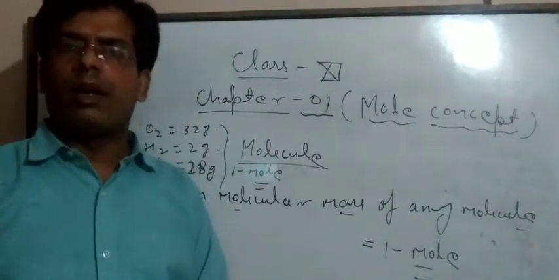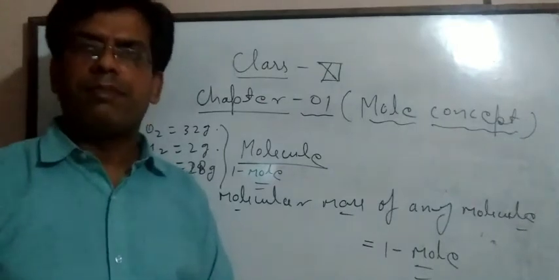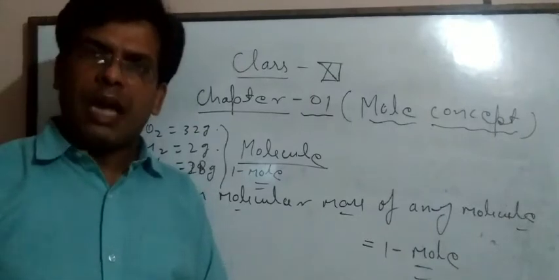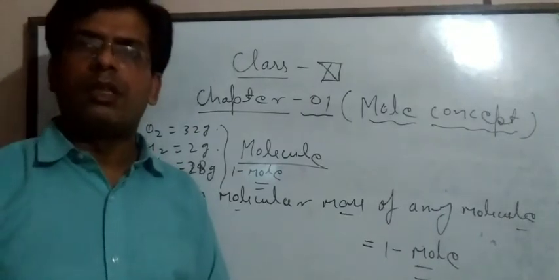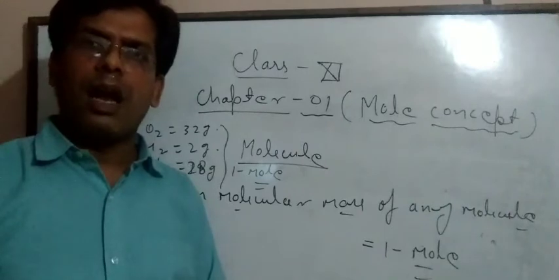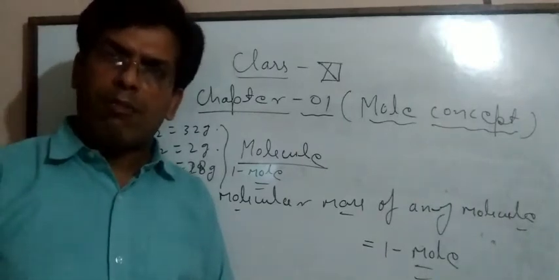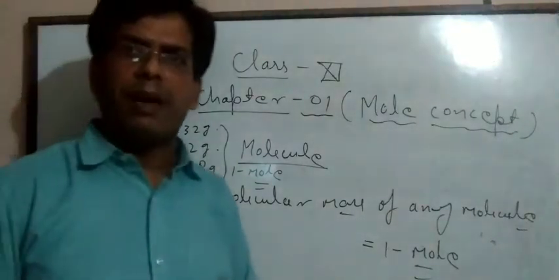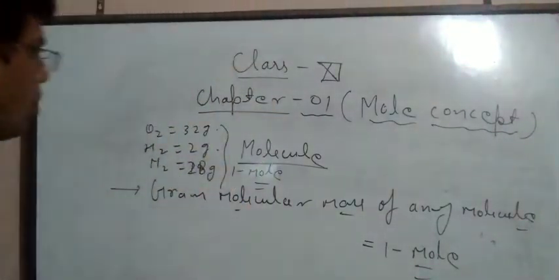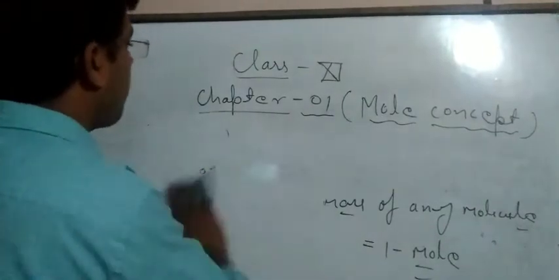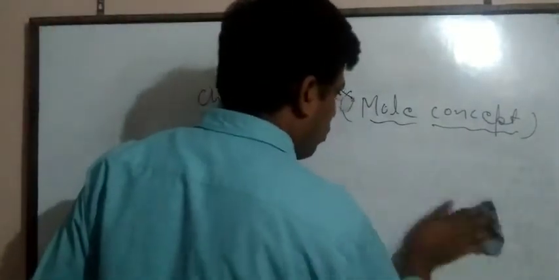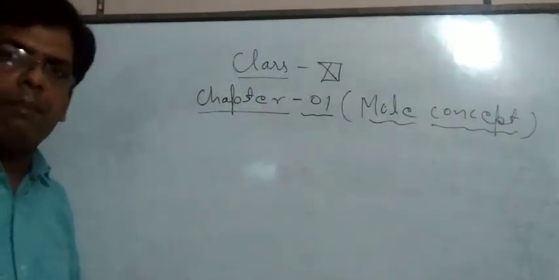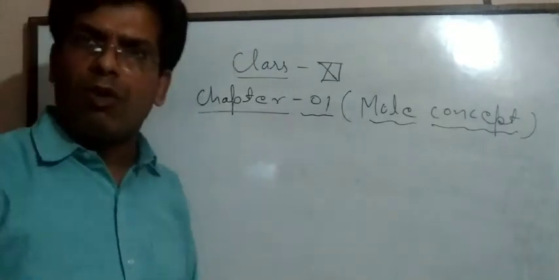That's why if you are going to explain definition of mole concept with help of compounds, then we can say that gram formula mass of any compound will be equal to 1 mole.